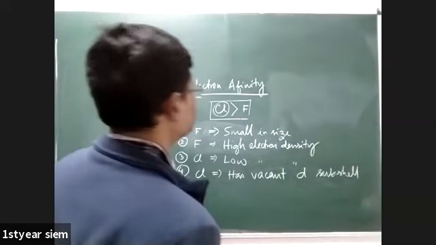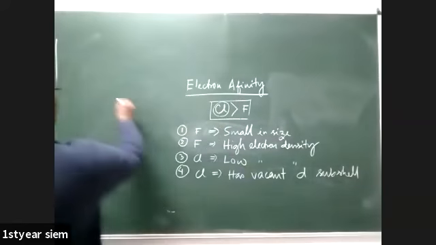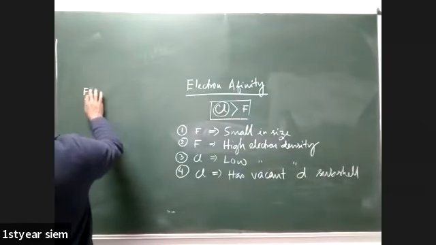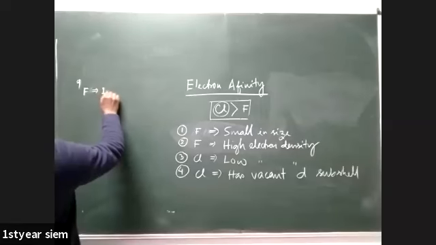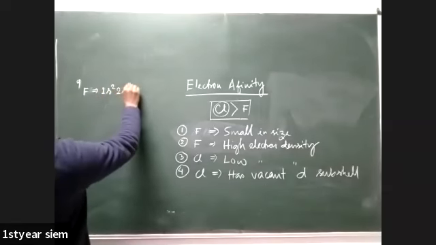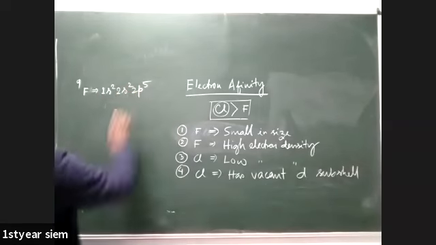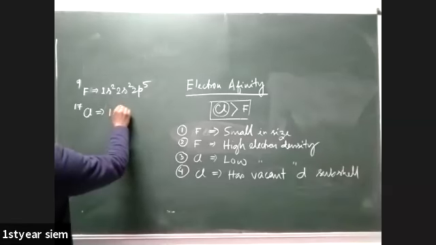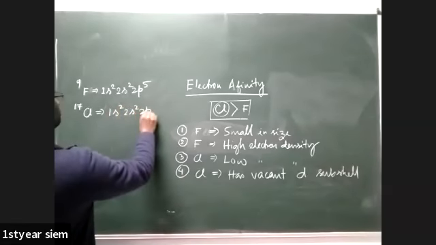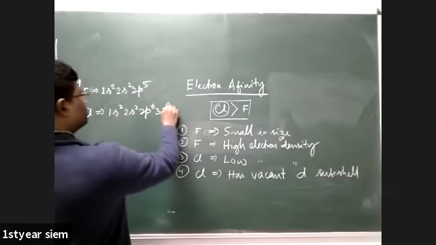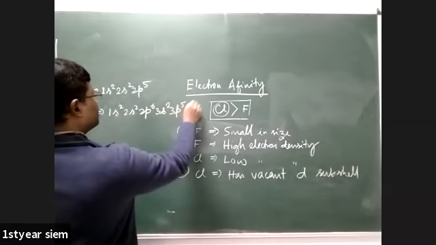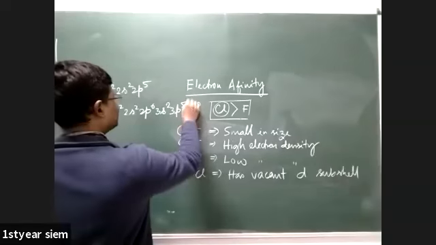What is the electronic configuration of fluorine and chlorine? Fluorine, atomic number 9: 1s2 2s2 2p5. Chlorine, 17: 1s2 2s2 2p6 3s2 3p5, 3d0, that is vacant.